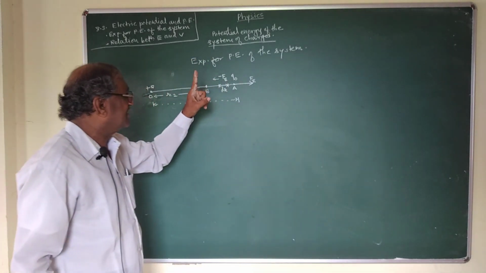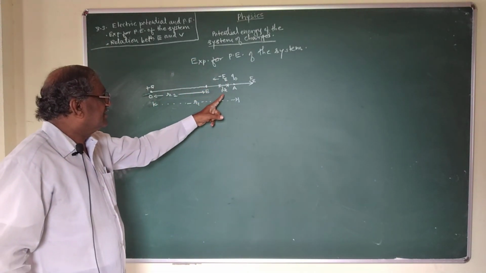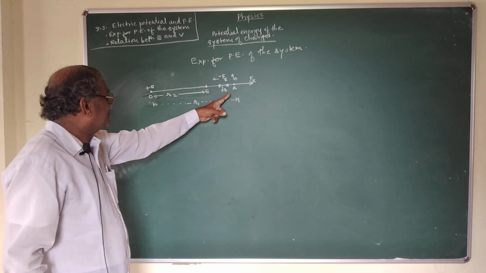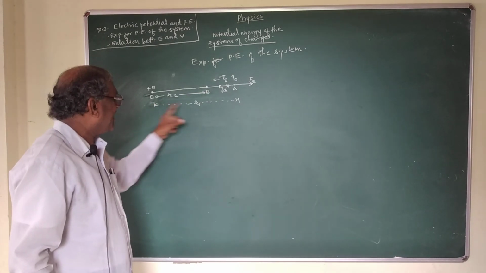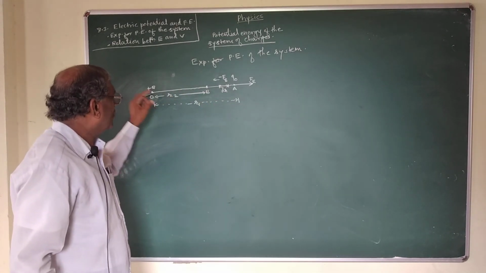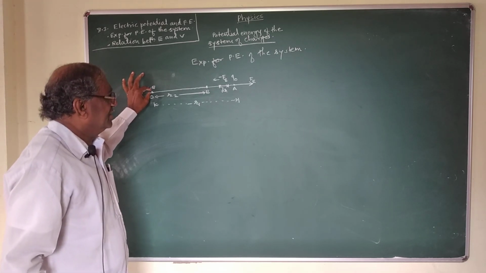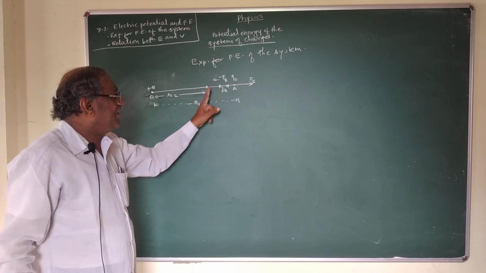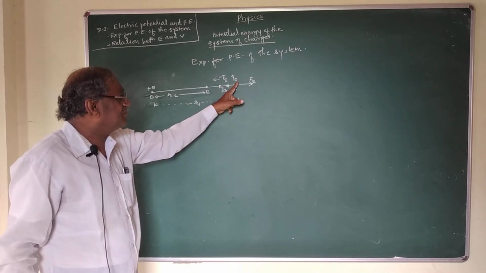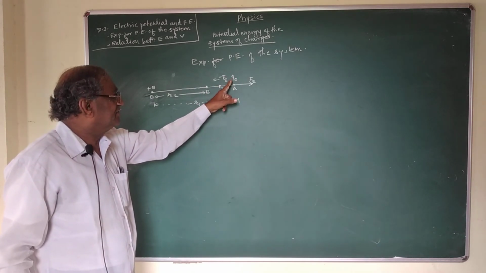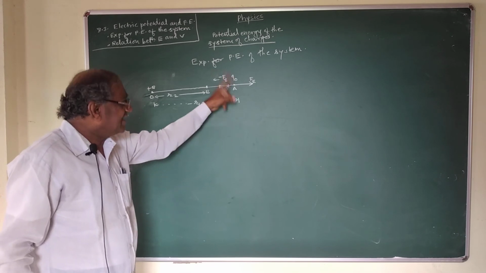These two points are situated at distances R1 and R2 from the point charge Q. From A to B we have to move the Q0 quantity of charge, so some work is required.